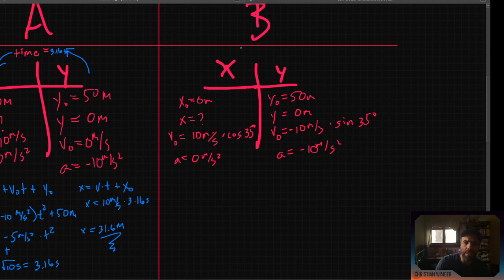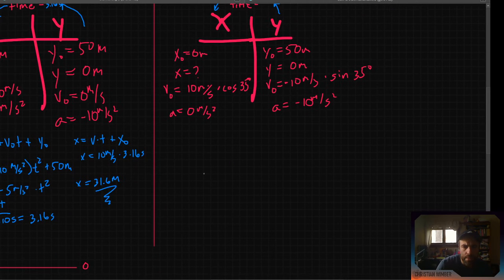So same game plan. We're going to use the y values to find the time, and then we'll use the time to find the x values. So let's go through it the same way. First, I'm going to go ahead and recalculate our velocities. Again, sorry, I don't have a calculator set up for you.